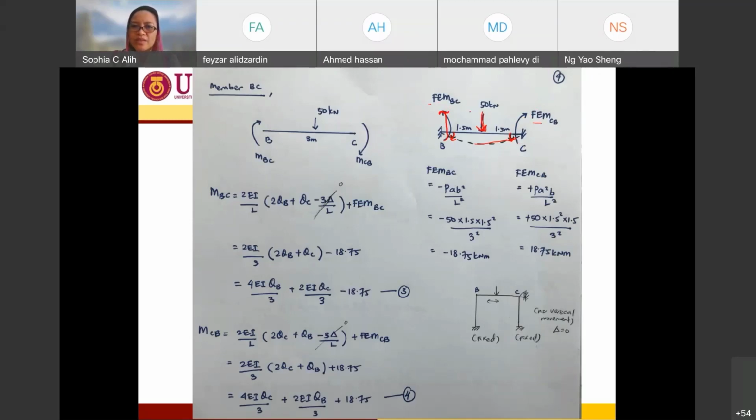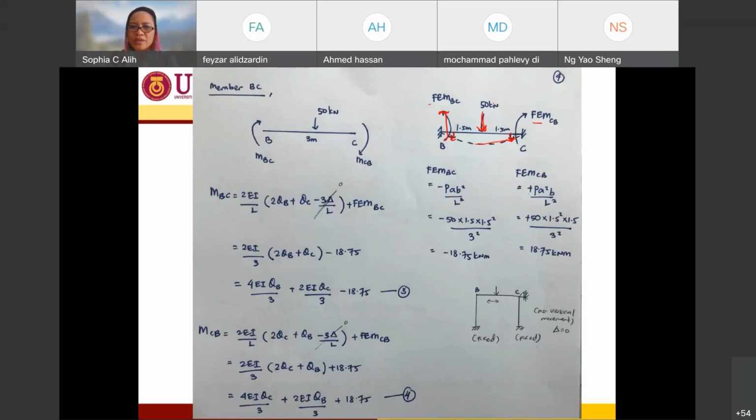Okay, so since this one FEMBC is counterclockwise, so I have negative. Since this FEMCB is clockwise direction, I have positive. This is the equation I can use in order to determine what is my fixed end moment if I have the loading condition as this one.